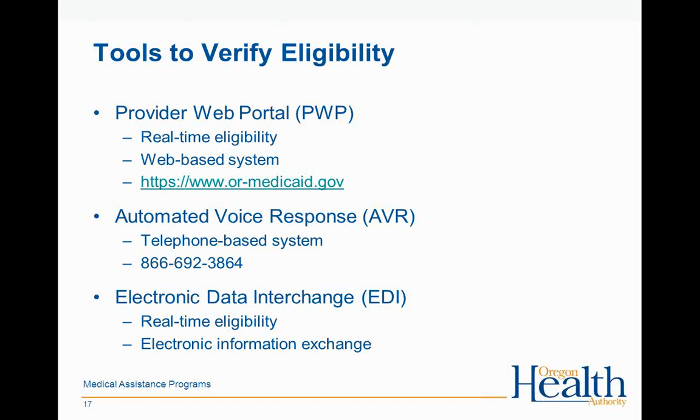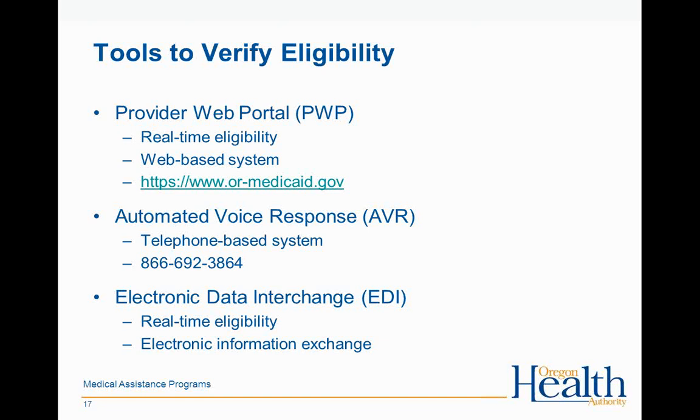What I didn't mention is that for the provider web portal, there is a PIN required for initial access for the organization, or the clinic or doctor's office, wherever you're located. Once that initial access account is set up, the person that maintains that account can set up other folks within the organization.